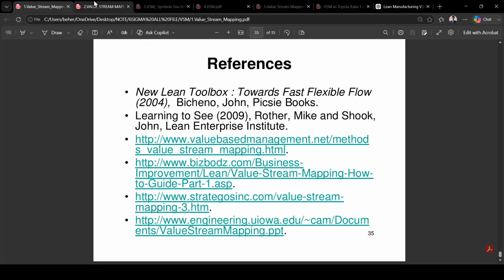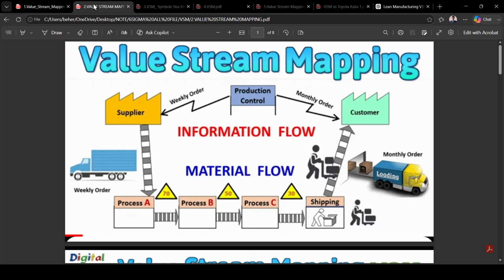So this is my part 2 video, and in the part 3 video I will explain everything. So let's start my part 3 video. See that image, that is the value stream mapping. So start with one process. How to start this process? See that image.